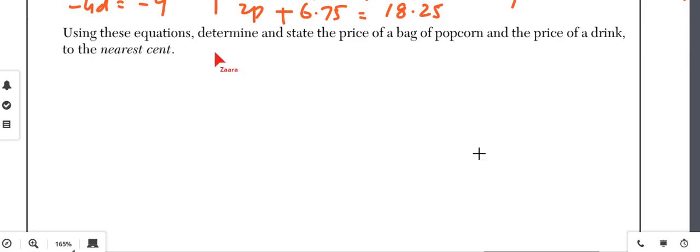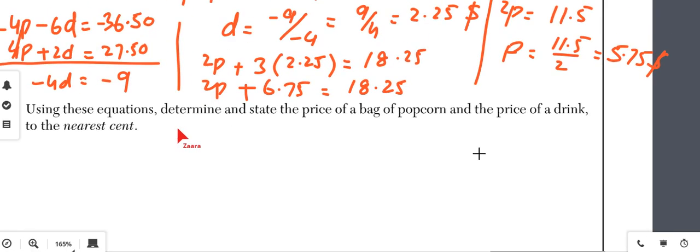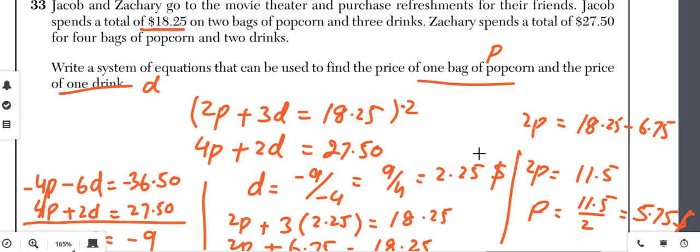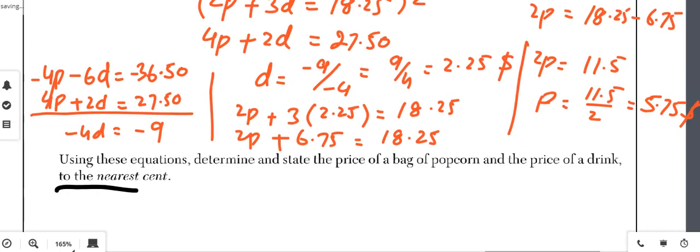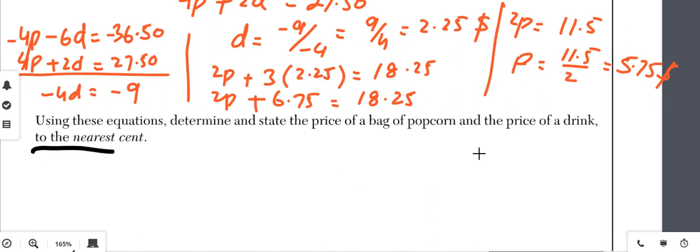So basically we have to do it here. They only said that we have to write the system for this, though we also have to solve it. We already did that.